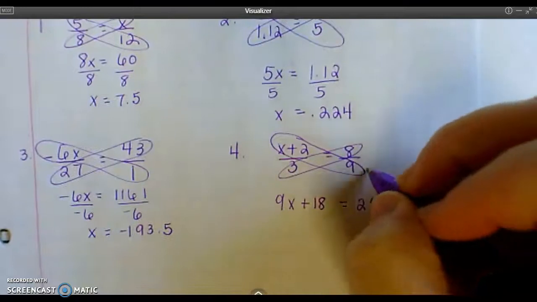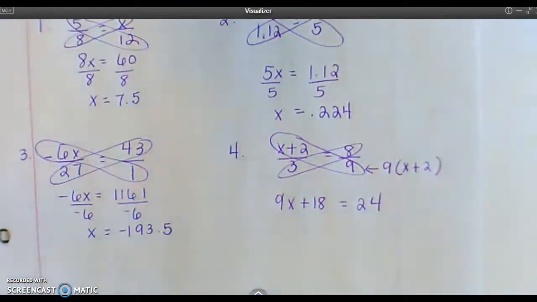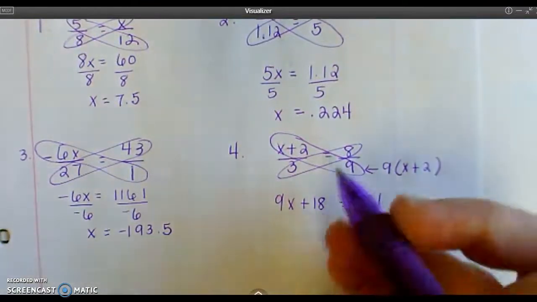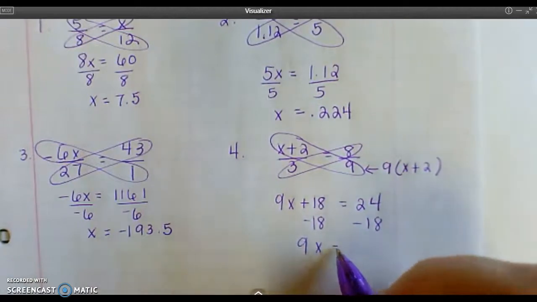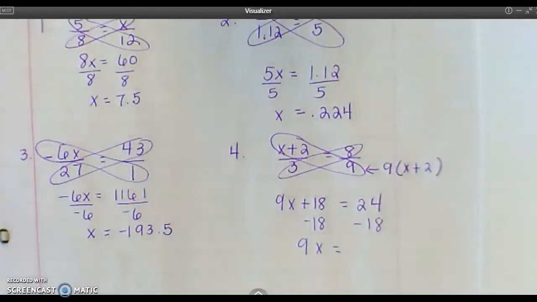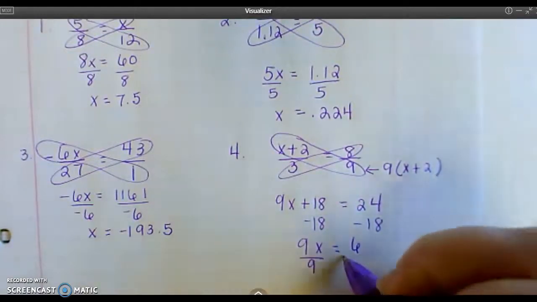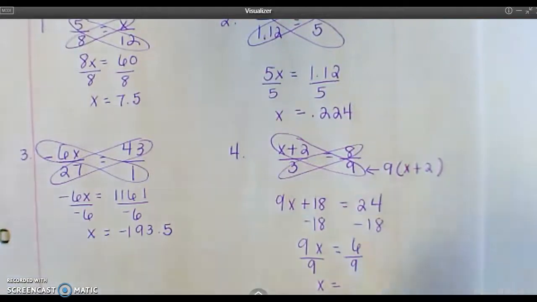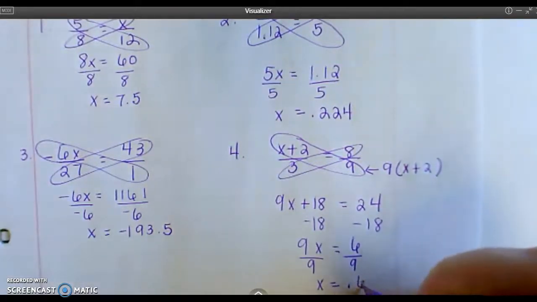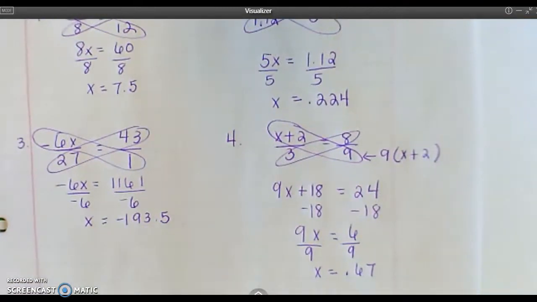Just make sure that on this part right here that you do 9 times x plus 2. Okay, and then you're at a normal equation. Subtract 18 on both sides. Divide by 9. Again, you will get decimals, or even if you want to leave them as fractions, that's okay as well. But that's what we get on that problem.